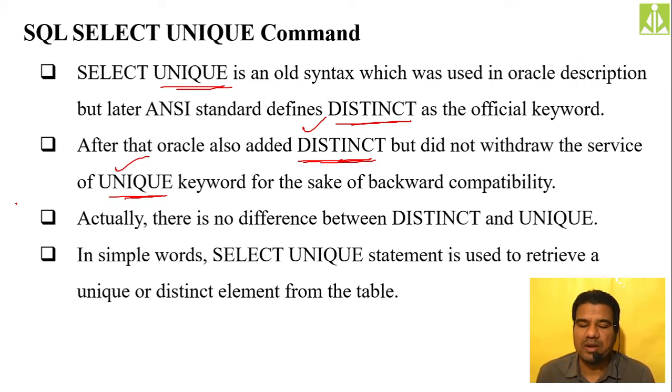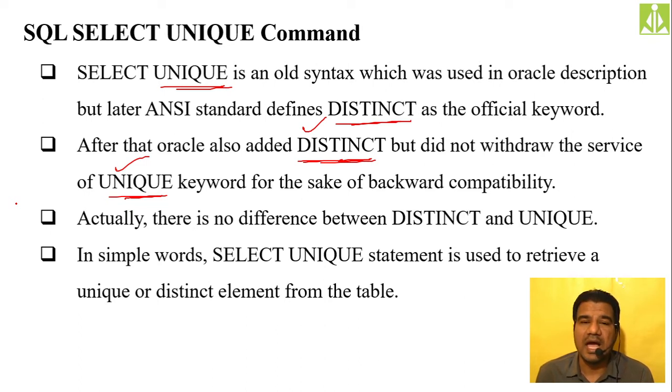So these two commands are the same. There is no difference between using distinct and using unique, because as I said, unique was the older syntax which was there in Oracle definition.